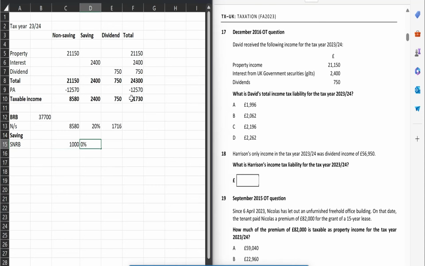It will be taxed at 0%. Then the remaining amount will be covered by the basic rate band, and the amount is out of 2400. We already accounted for 1000, so remaining is 1400. So 20%, which gives 280.